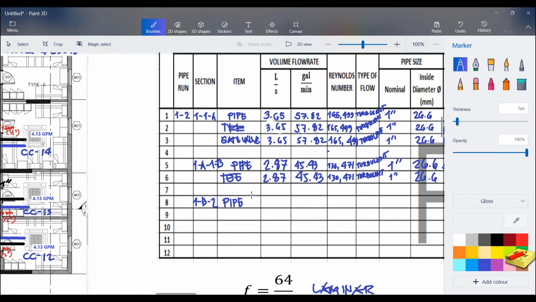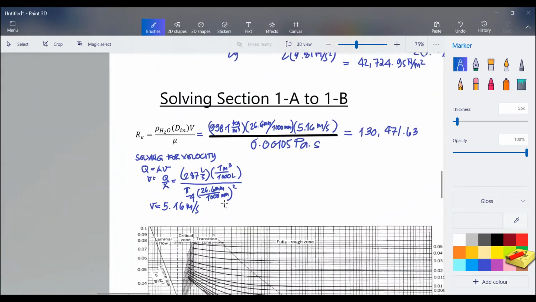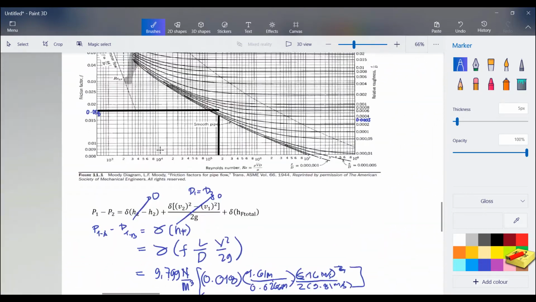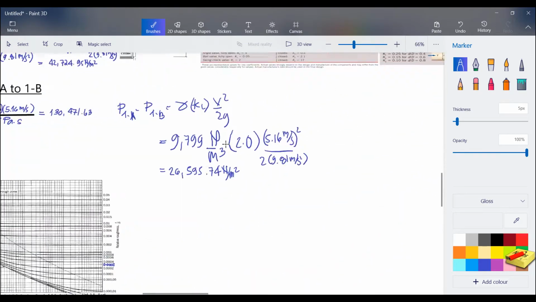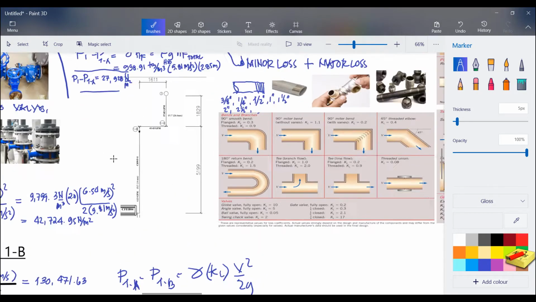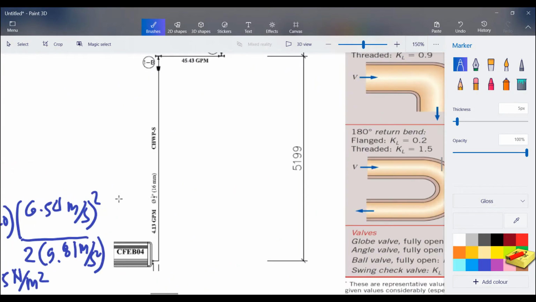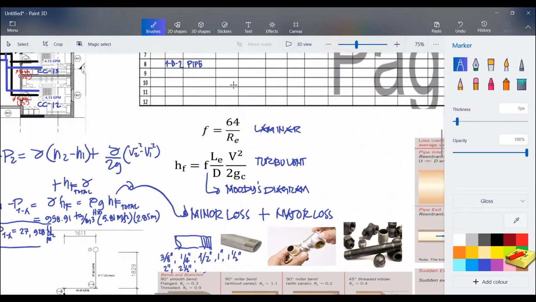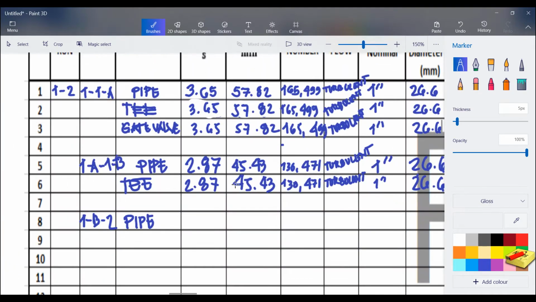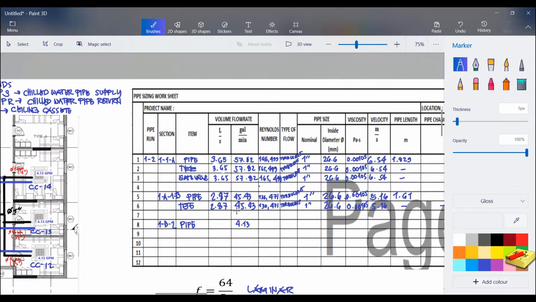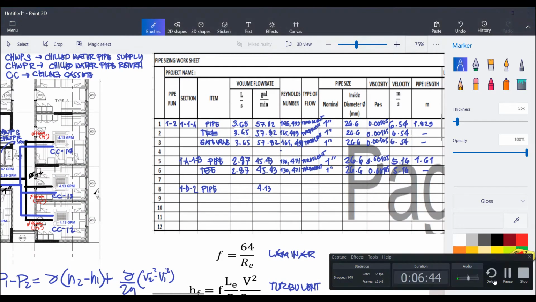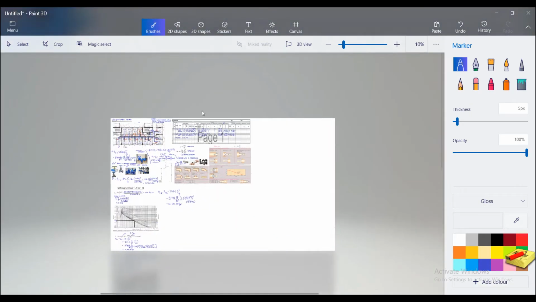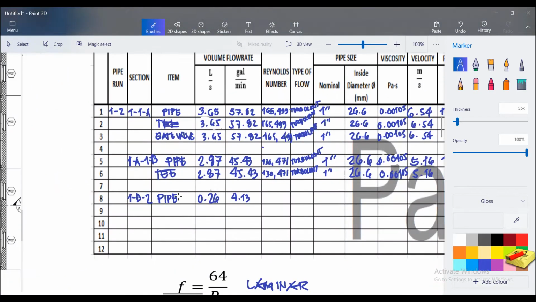So this is now the volume flow rate, which is 4.13 GPM. We have 4.13 GPM. So that is an equivalent to, so from 1-B to B-2.